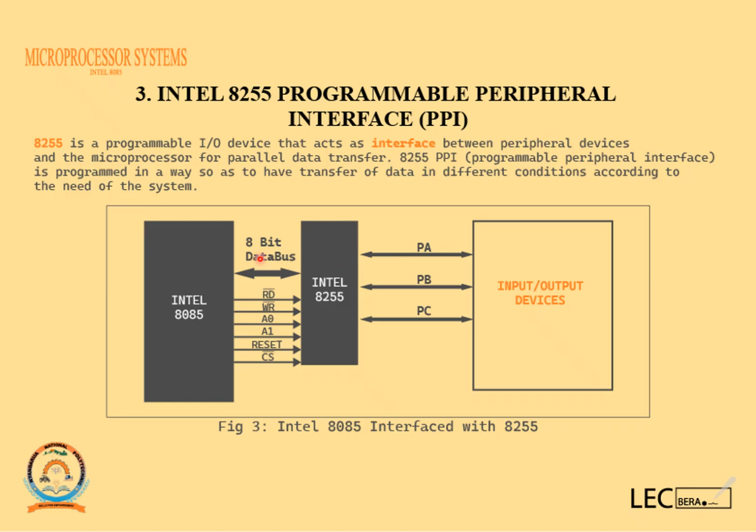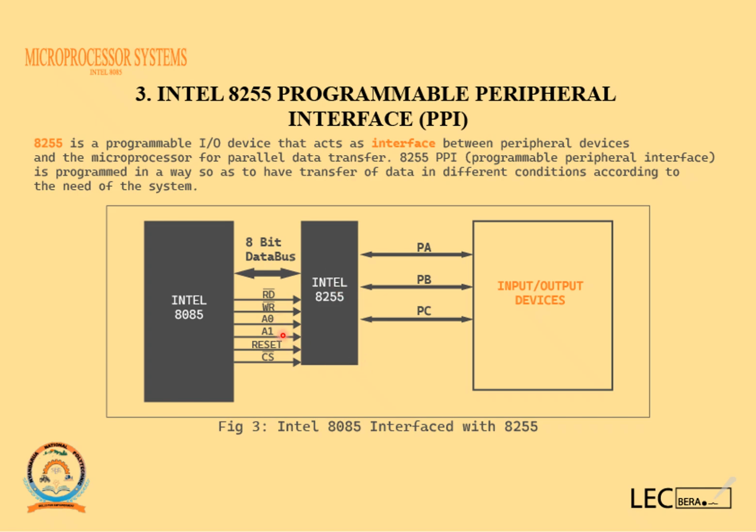So the main transfer of data is going to occur in the data bus. We have an 8-bit data bus, and this is bidirectional. And then we have the control signals which are unidirectional. We have RD, WR, A0, A1, reset, and CS. I told you that RD, WR is for reading data or writing data to the Intel 8255.